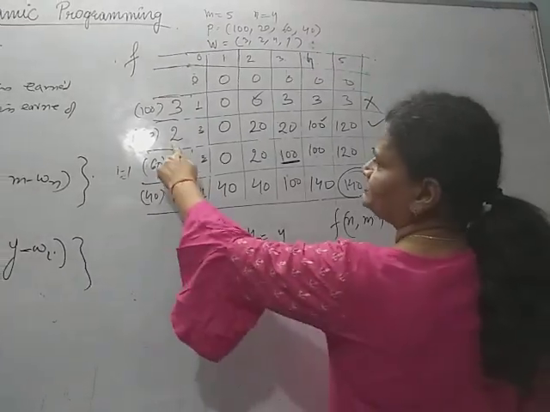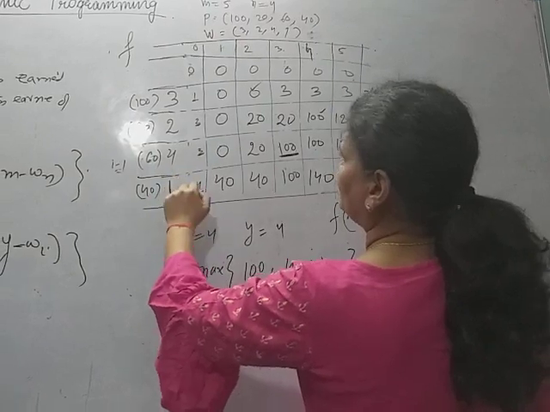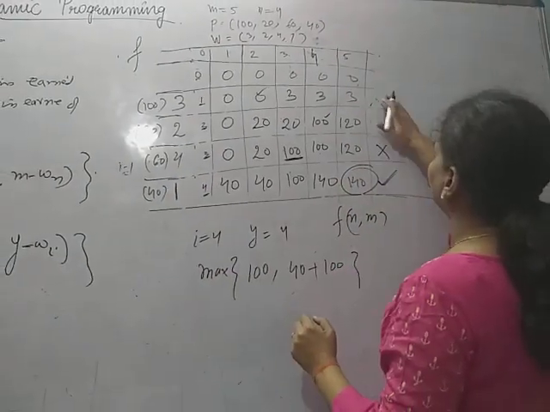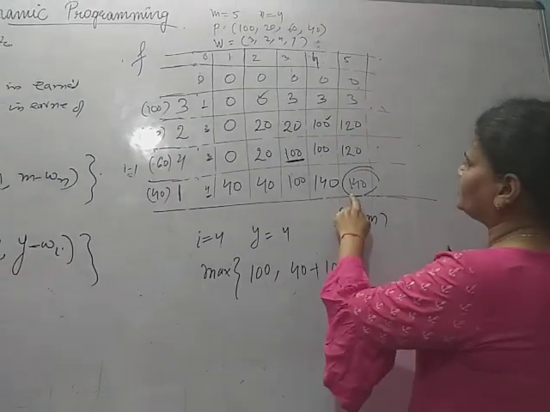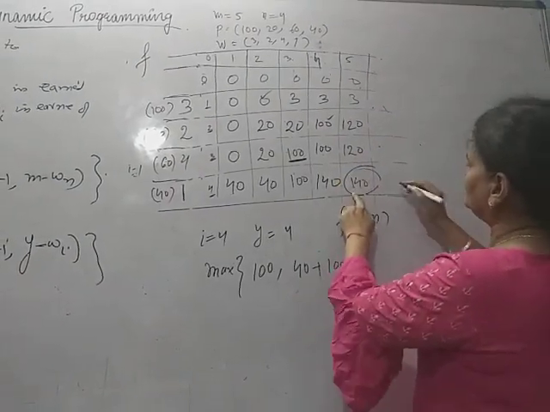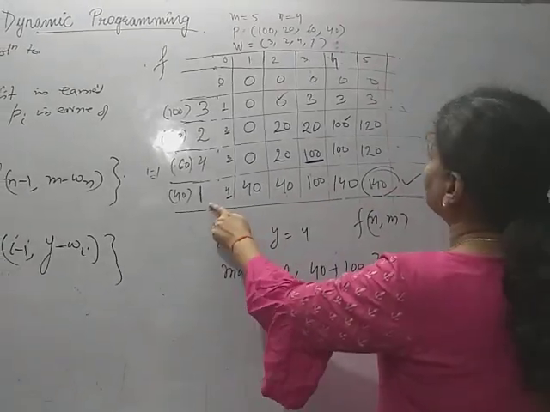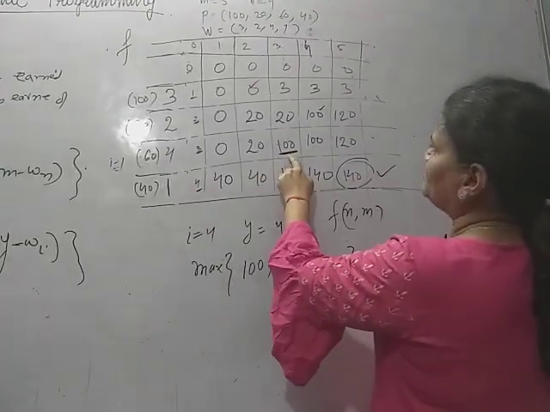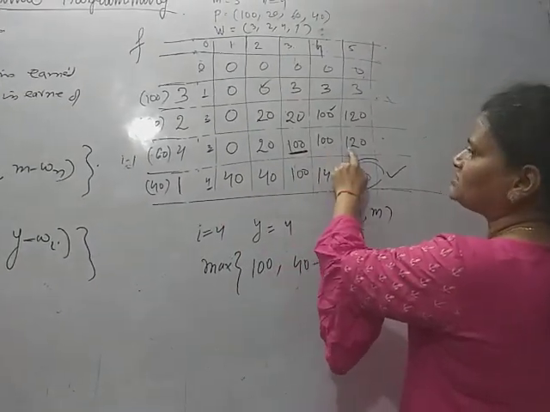So simply, something is wrong. This is selected. Okay, 140, and here this is not same, so this is selected. Okay, and 5 minus 1 is 3. Actually we have to move here, not here. 5 minus 1 is 4.